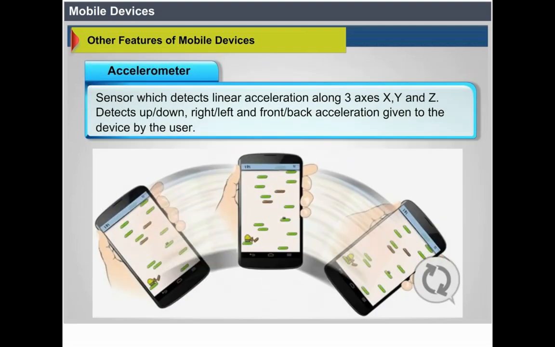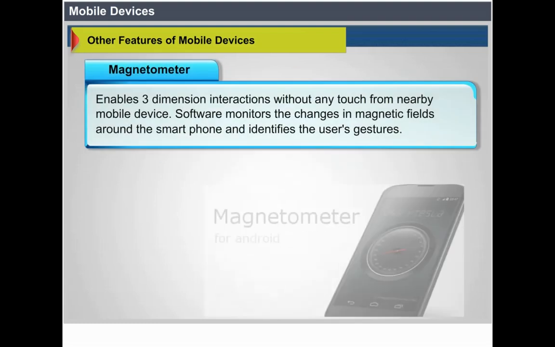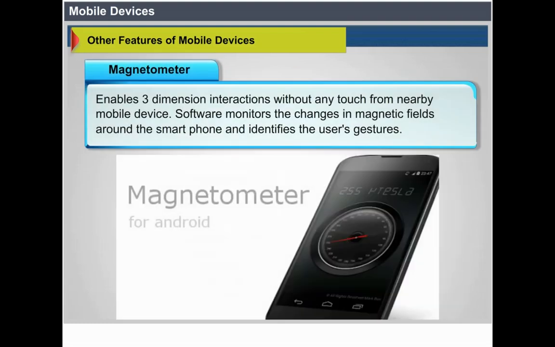Accelerometer. Sensor which detects linear acceleration along three axes X, Y and Z. Detects up and down, right and left and front and back acceleration given to the device by the user. Digital compass: shows directions north, south, east and west. Magnetometer: enables three-dimension interactions without touch from a nearby mobile device.